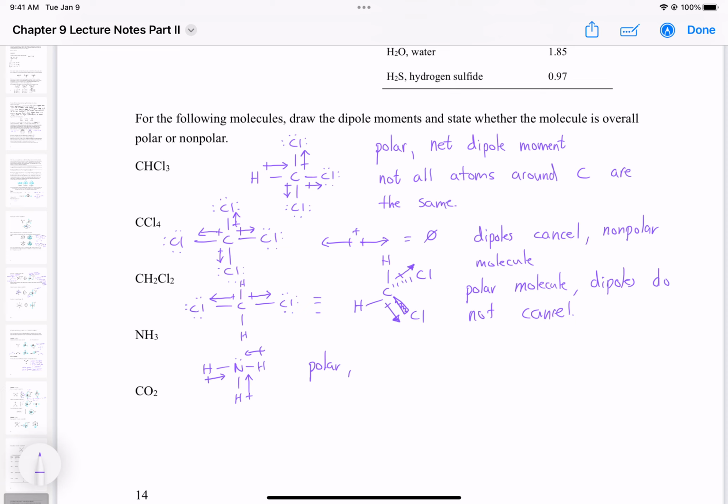So the lone pair attracts electrons. So it may look symmetrical, but it's not. So this will reinforce the nitrogen atom. Okay, it reinforces the nitrogen atom. All right.